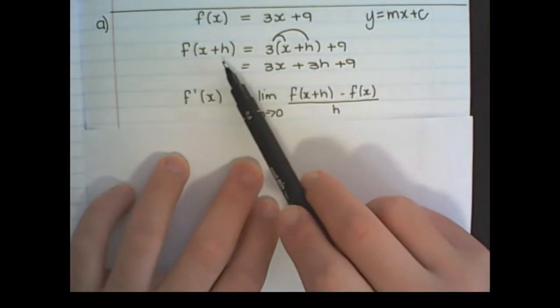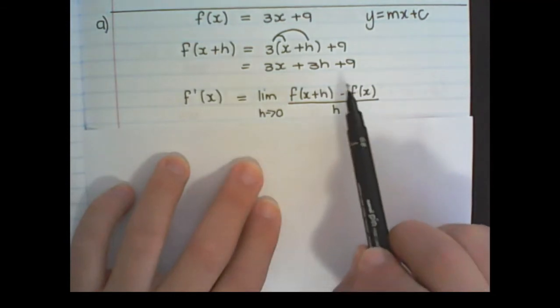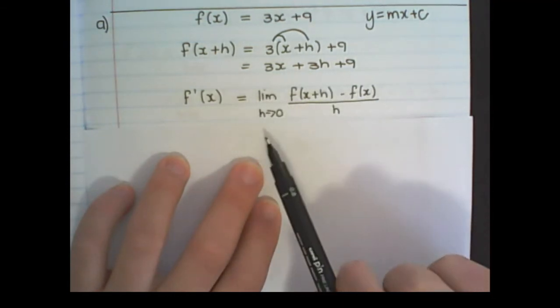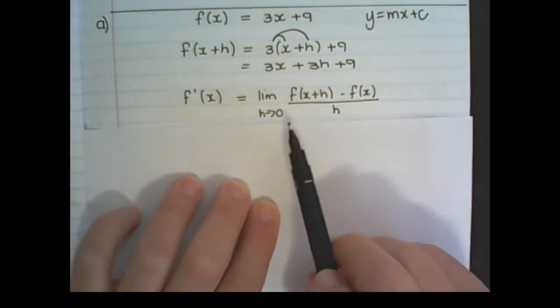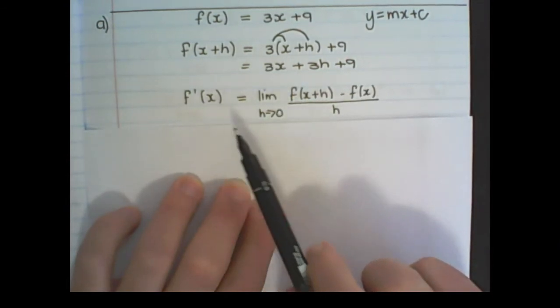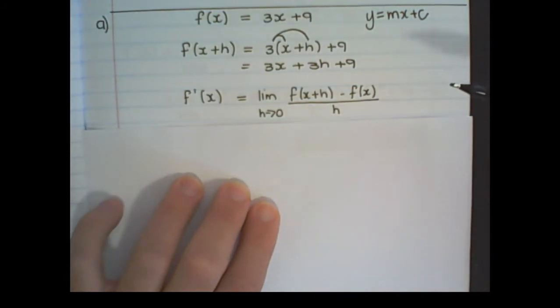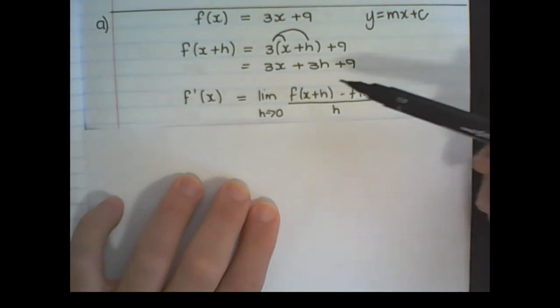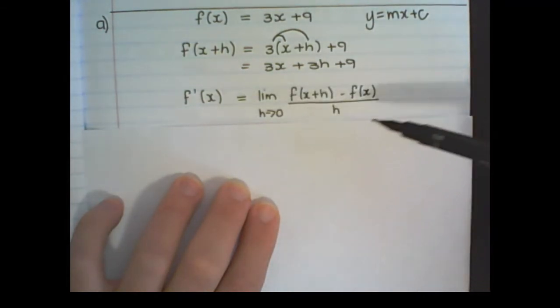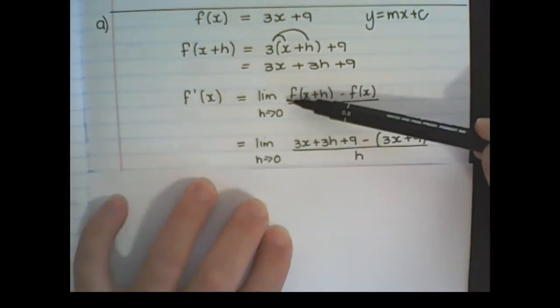Now that I have f(x plus h), I can use the first principles expression. It is good practice to first write down the formula and then from there do your substitutions. So for every question where we are asking you to find it from first principles, I recommend that you write down the formula first.